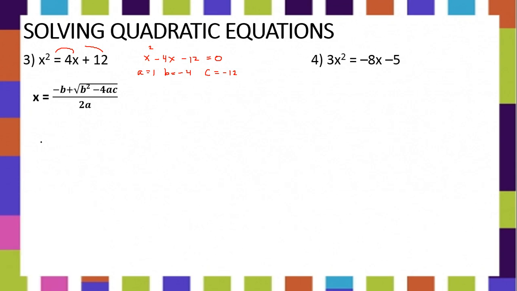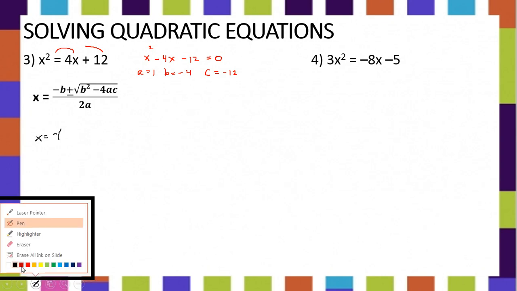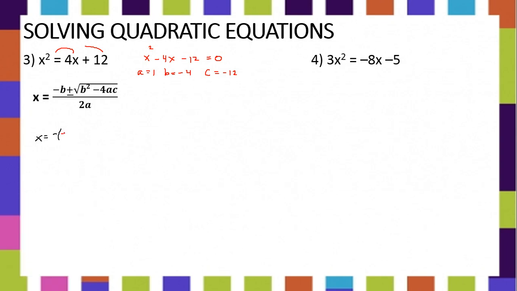Okay, so substitute na natin yung mga values ng a, b, and c sa quadratic formula. So, x is equal to negative b. Ang b natin is negative 4.